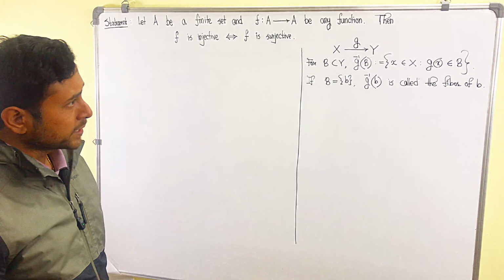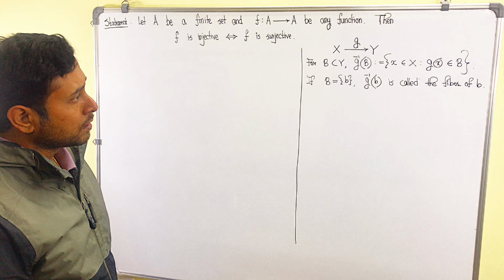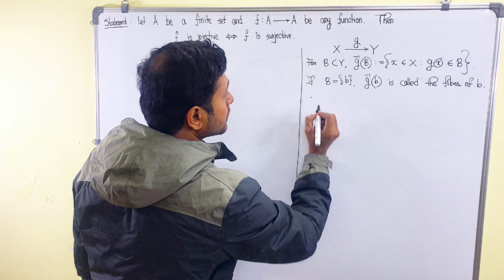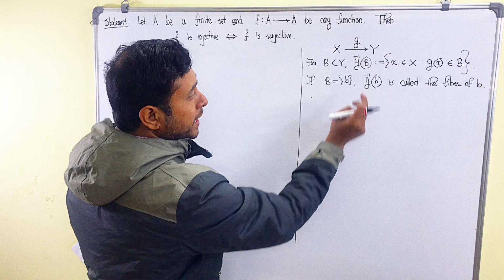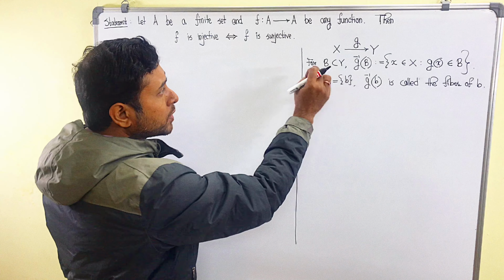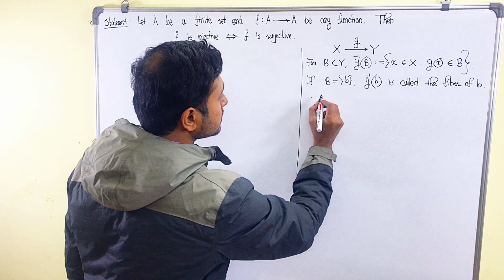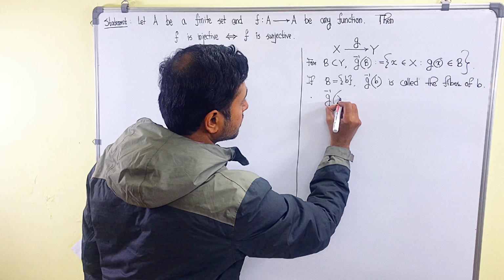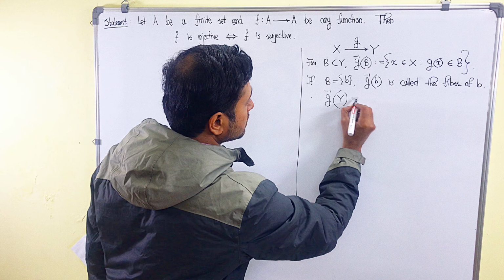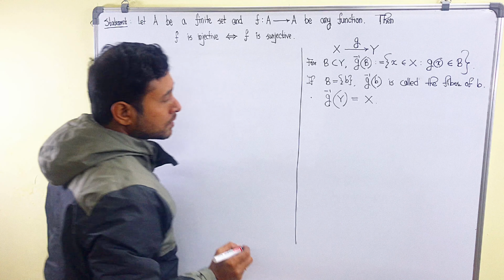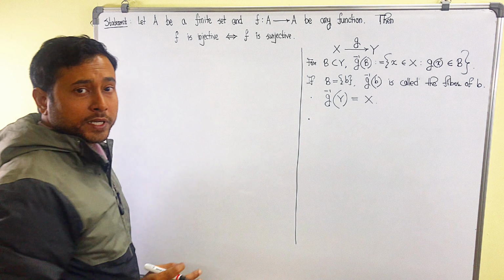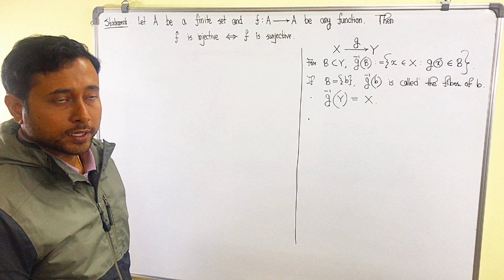This inverse image satisfies the following properties. Number one, if we take the pullback of the entire codomain set, then we will get the domain set, that is, g inverse of Y equals X. Then the pullback or inverse image of two disjoint sets is again disjoint.